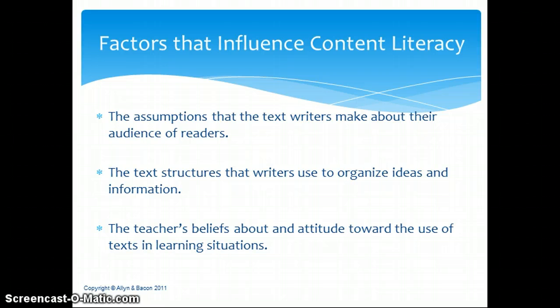Assumptions come into play pretty significantly when you're approaching not just literature, but social studies text, right? A lot of history and social studies is written with the assumption that the readers or the audience bring with them a significant amount of background knowledge on whatever the subject is.